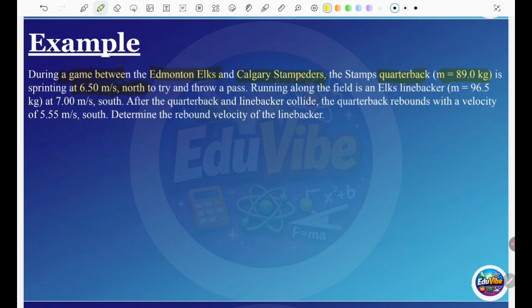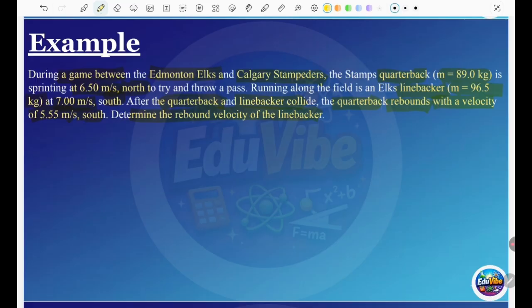An Eskimos linebacker, mass 96.5 kg, runs at 7.00 meters per second south. After the quarterback and the linebacker collide, the quarterback rebounds with a velocity of 5.55 meters per second south. Determine the rebound velocity of the linebacker.